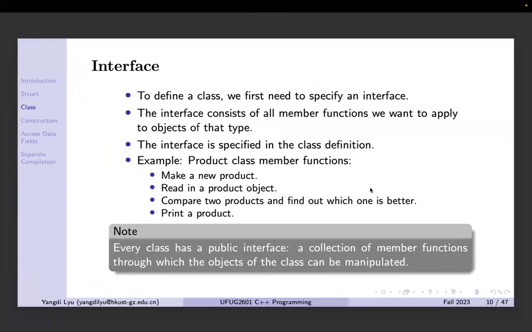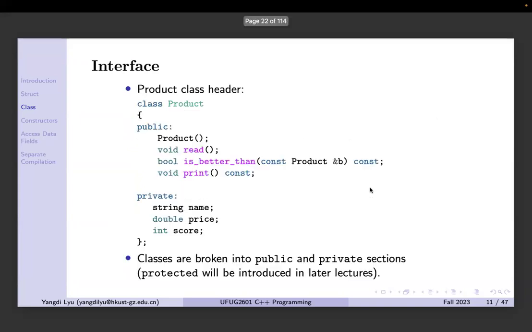So we say every class should have some public interface, right? You are asking the user to use your class. If you don't have any public interface, then no one can use your class, right? It doesn't make sense. So here is a typical way we write a class header.